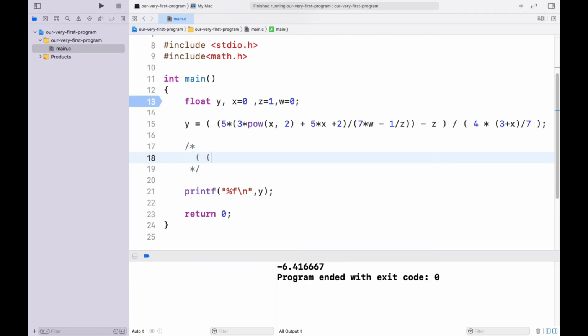I have brackets here, then again brackets, 5 multiplied by 0 plus 0 plus 2, so 2, 5 multiplied by 2. We have 5 multiplied by 2 in brackets, and then we have minus z, that is minus 1 itself.